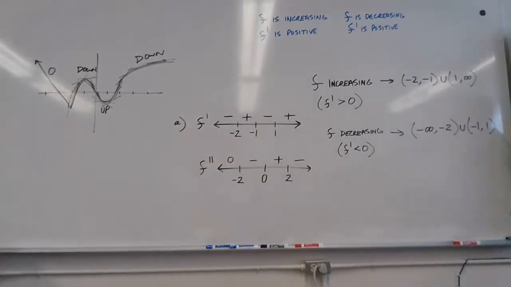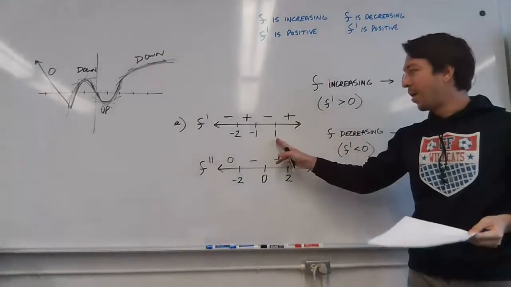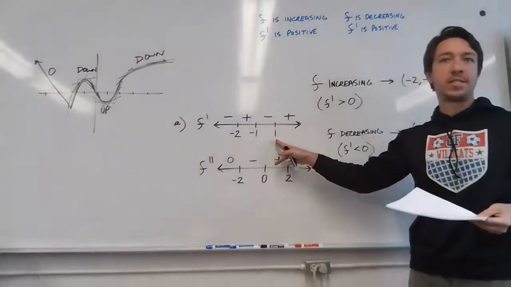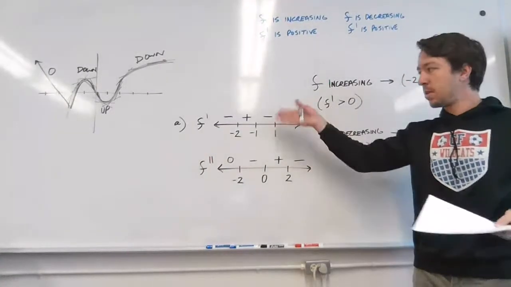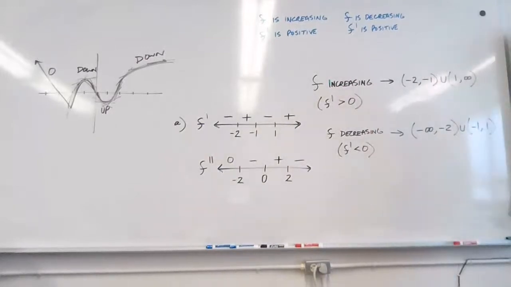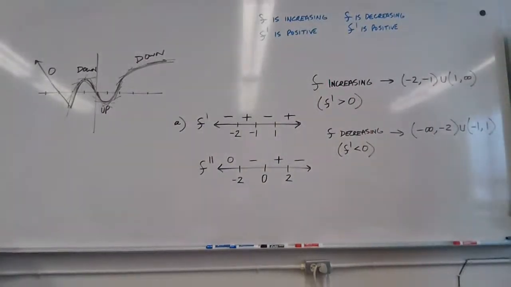Notice we're not using the square brackets because I wouldn't say that at 1, it's increasing or decreasing. It's changing from decreasing to increasing. We okay with that? Okay.